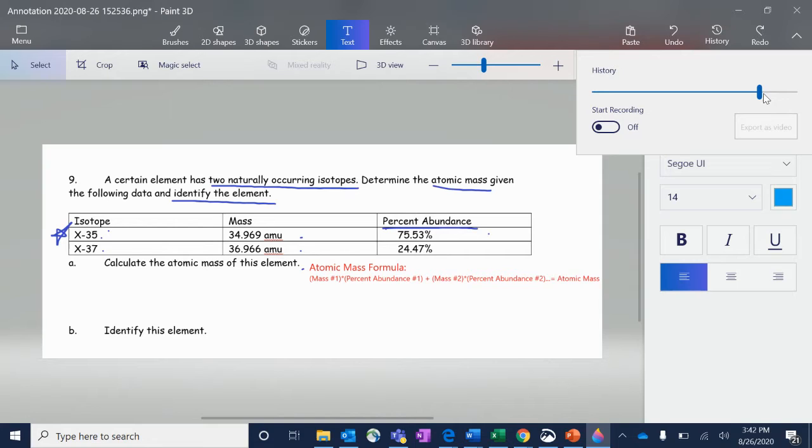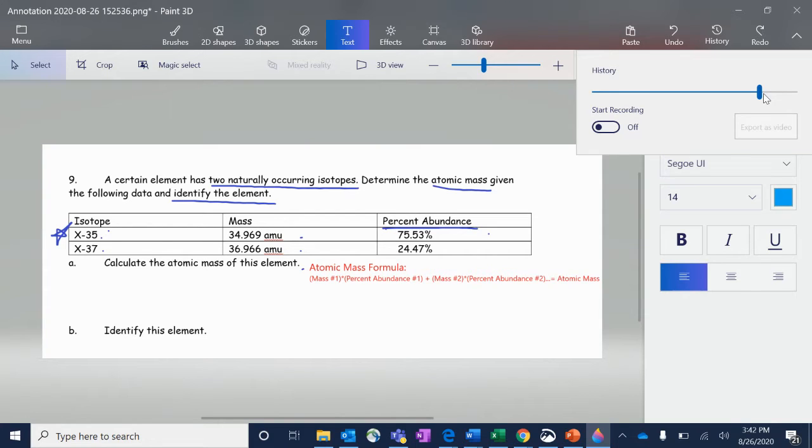Percent abundance basically means if you were to look at every single atom in existence of this element, what percentage of those atoms would have this mass, would be this isotope. So about 75% of all the atoms of element X are X35 atoms, and about 25% are X37 atoms.